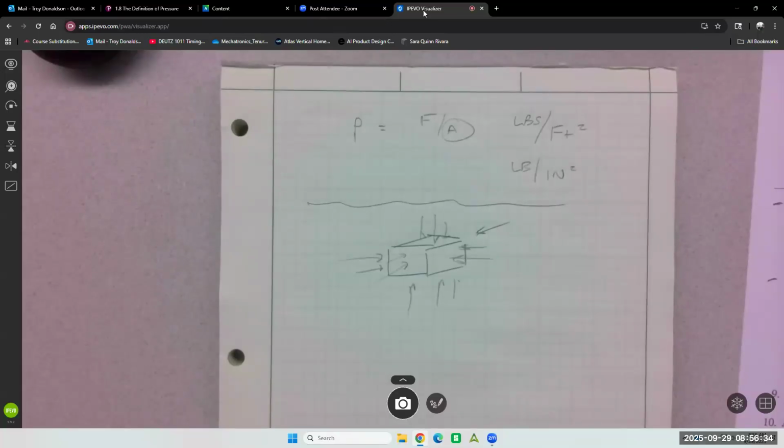You maybe experienced that if you've dove underwater and had to equalize your ears. As you go deeper and deeper, that pressure gets more and more on your ears, and then you have to pop your ears, right? And then if you go deeper and deeper, you got to pop them again because the pressure is increasing as the depth goes.